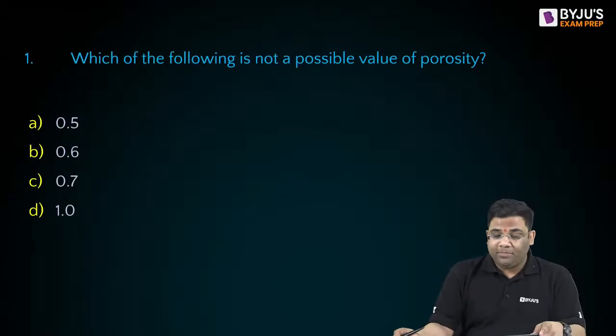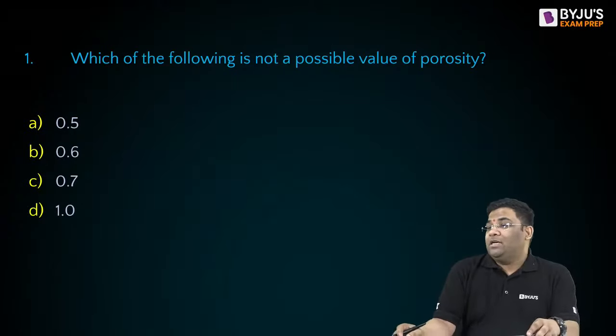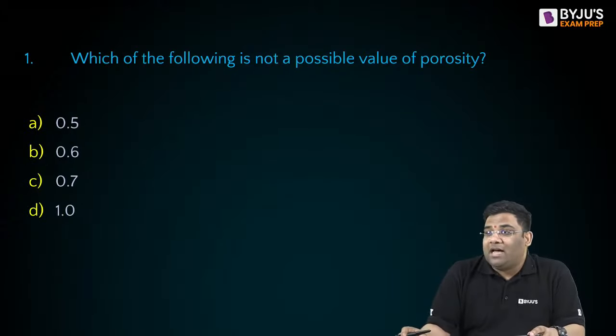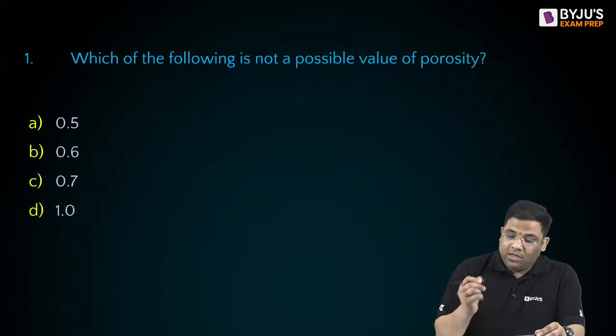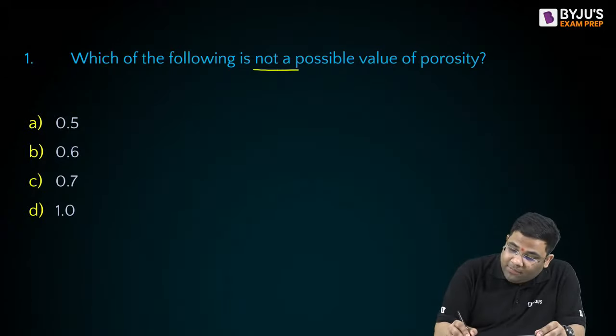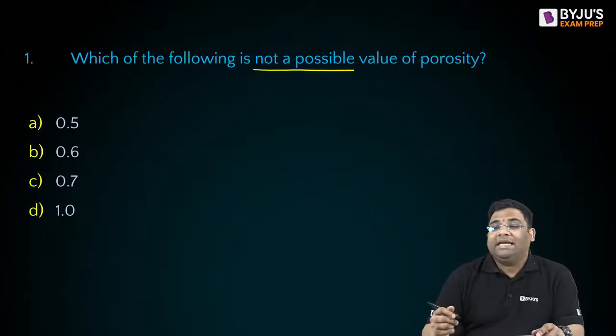The first question: which of the following is not a possible value of porosity? Please write the answer in the comment section. Mark the words: not possible, meaning which cannot be the value of porosity.